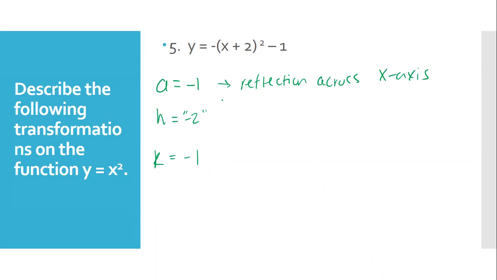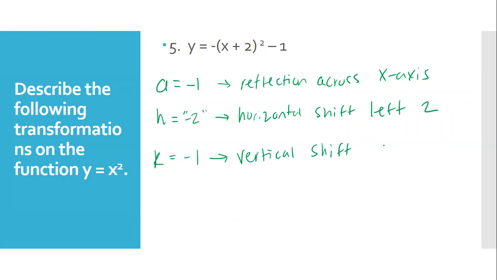Because it says +2, but we know it's -2, that lets us know that this is a horizontal shift left 2. And our K equals -1, that lets us know that this is a vertical shift down 1.